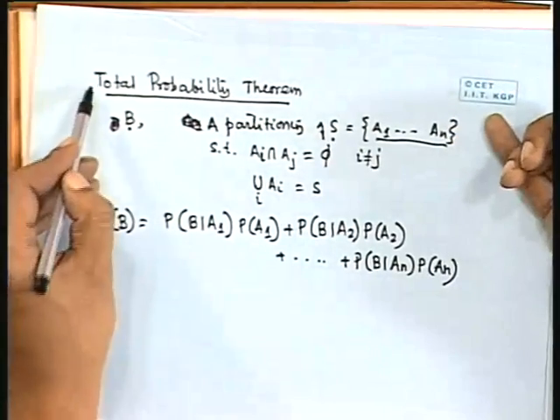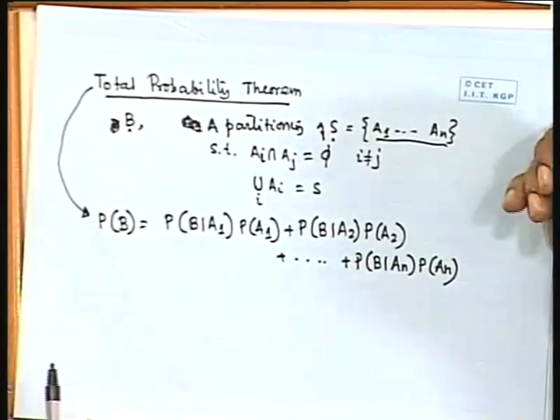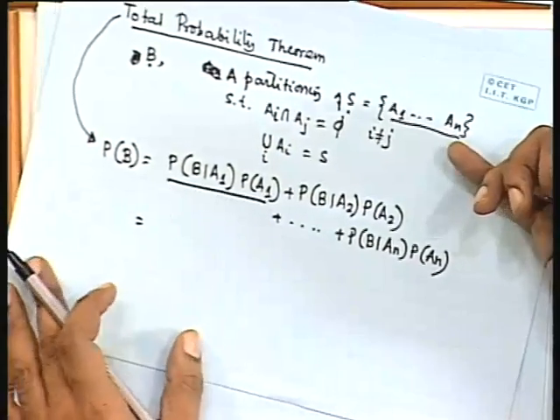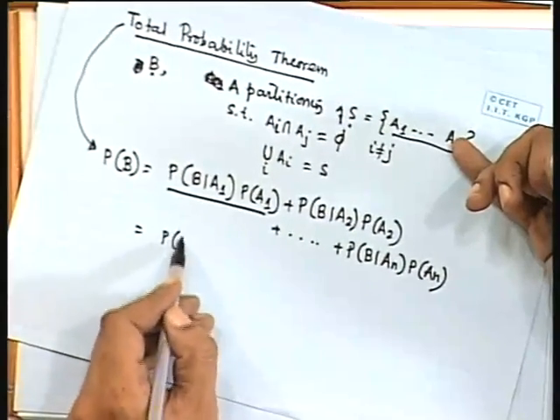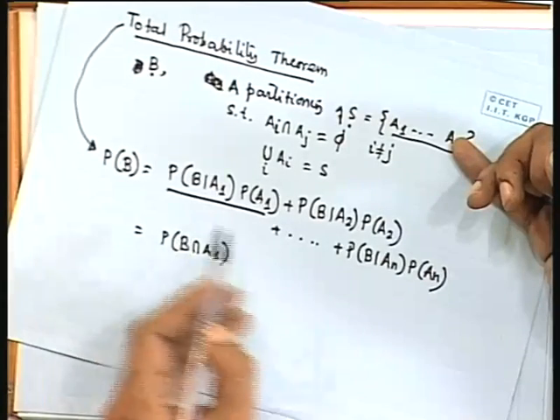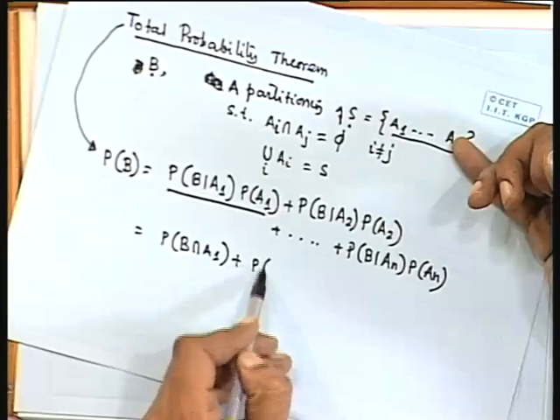This is called the total probability theorem. It's rather simple to prove, because what is this after all? This is probability of B intersection A1, plus probability of B intersection A2.